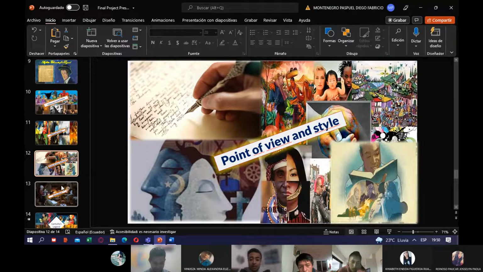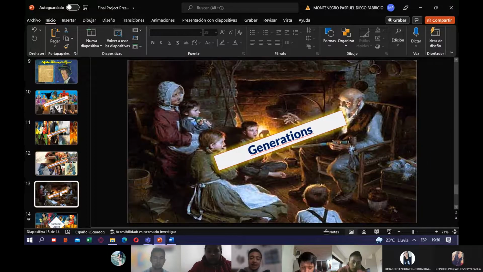Readers of legends will believe that the main character is capable of overcoming any obstacle in his path or route to success, okay? That is what point of view and style means. Remember that it is written in third person, and writers can imagine all the characters. The last element of this part about legends is generation.